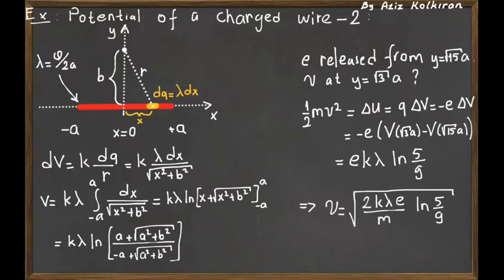This will be equal to the kinetic energy, and putting everything in this energy equation, the speed is the square root of 2kλe divided by the mass of the electron times the natural logarithm of 5 divided by 9.